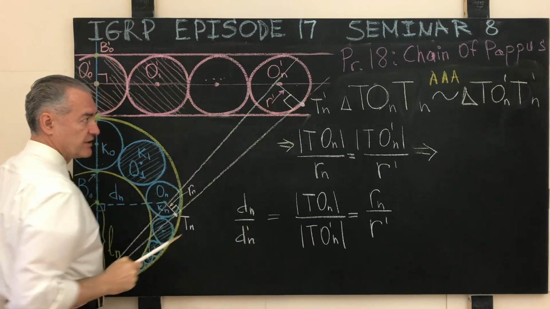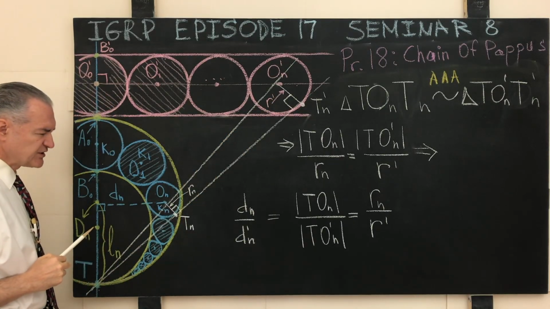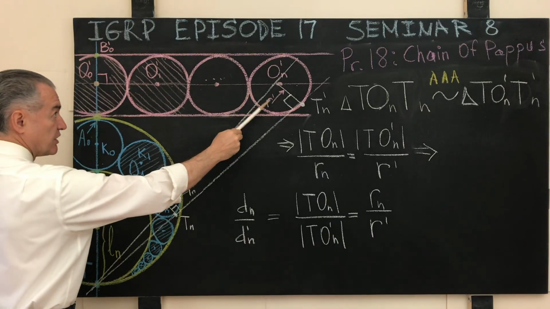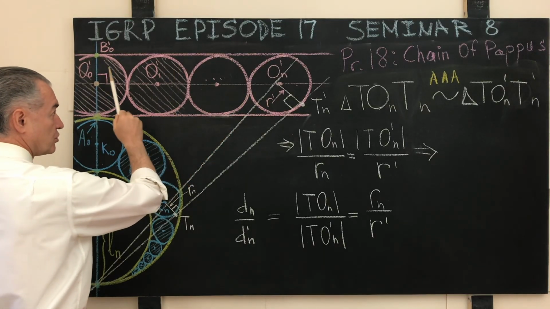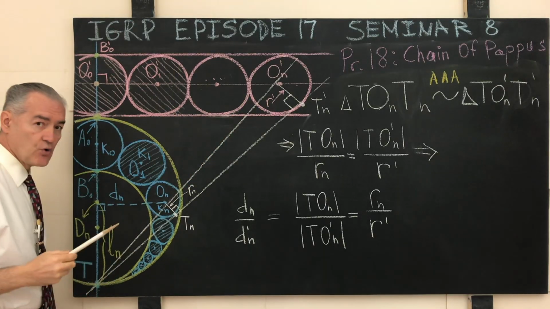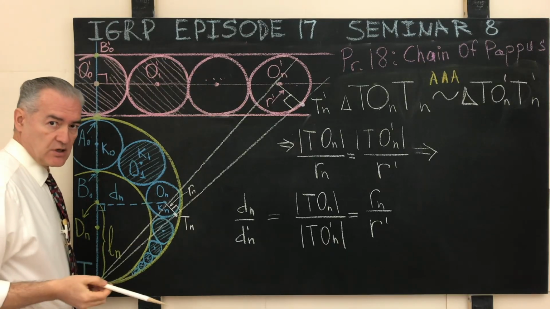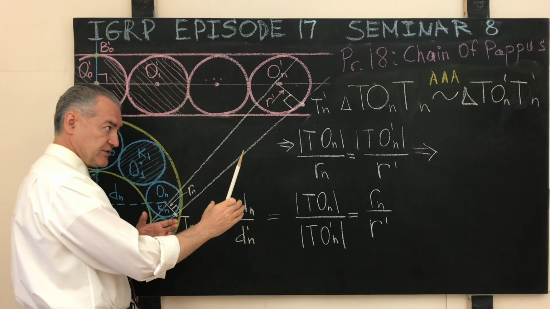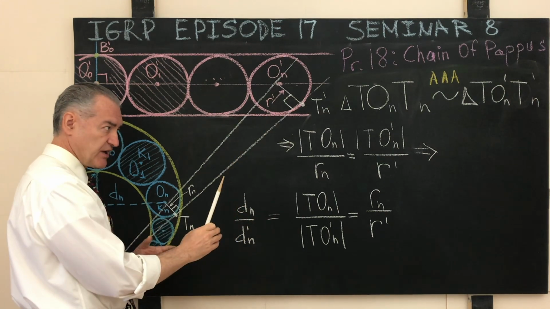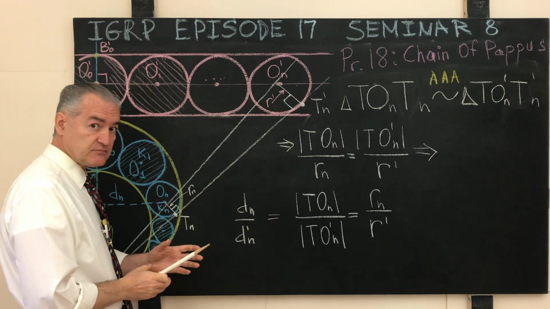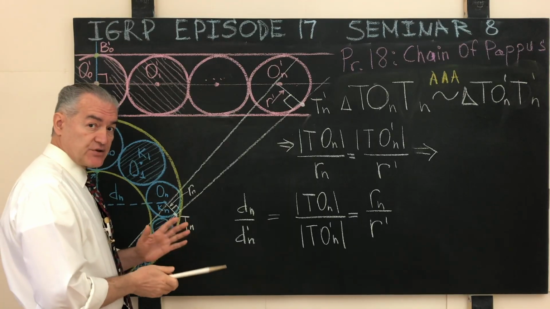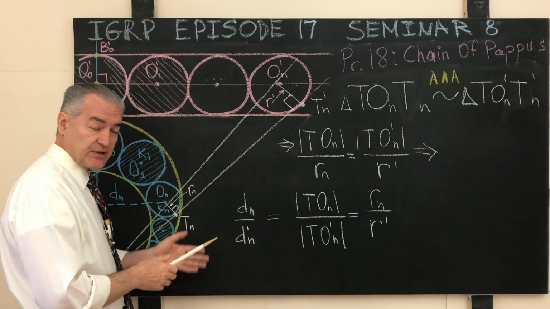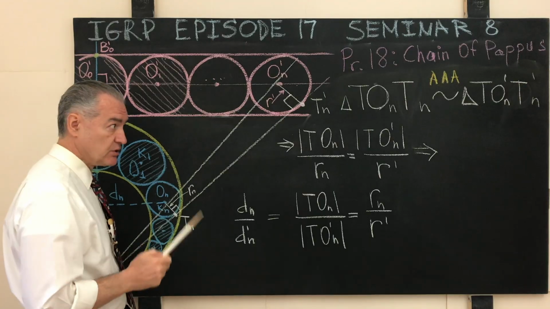Remember, we dropped the subscript n because the radii of all these inverted circles are one and the same. And again, we go back to the same Euclid's Elements Book 6, Proposition 4. The lengths of the sides in similar triangles are in the same proportion, where the corresponding sides lie opposite equal angles.